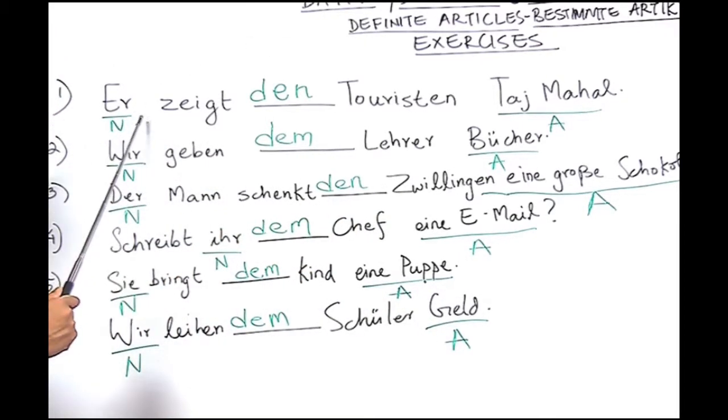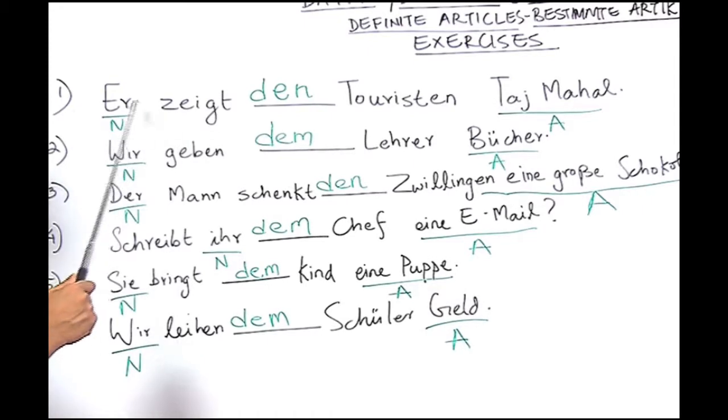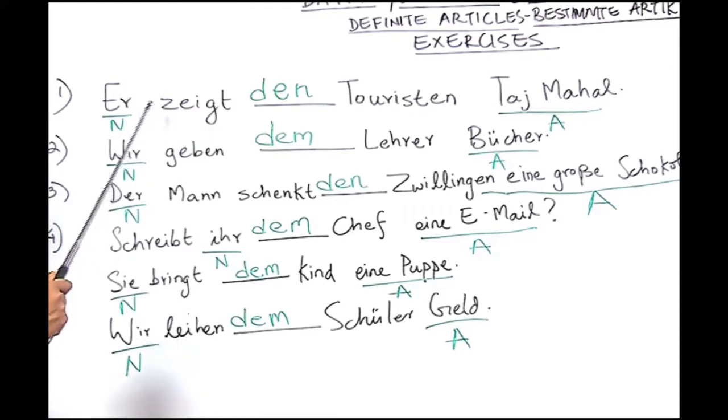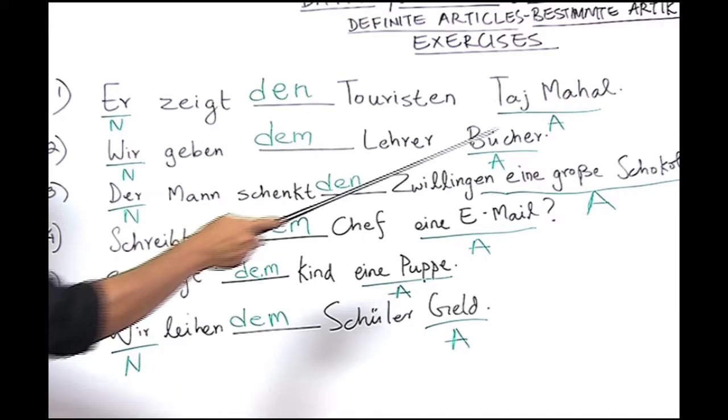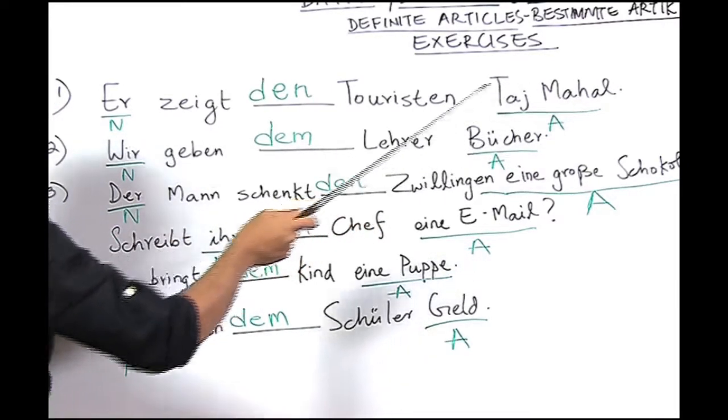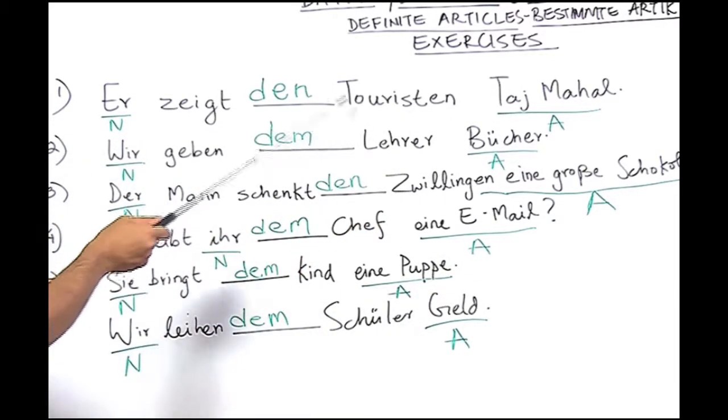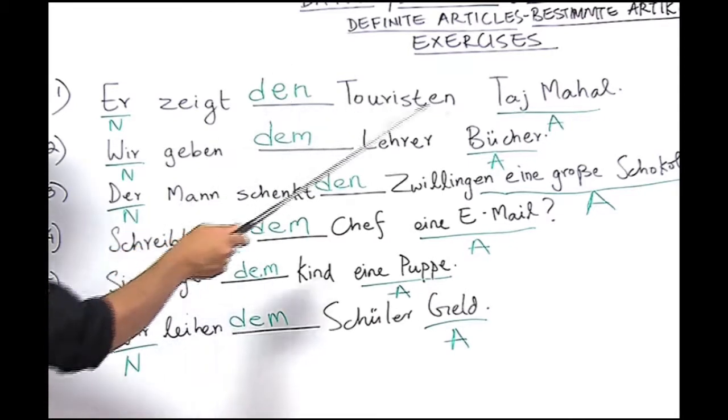Here, if we analyze this sentence, the first part zeigt means he shows. We have to ask the question what, which is the accusative, Taj Mahal, to whom, then the dative, which is den Touristen.